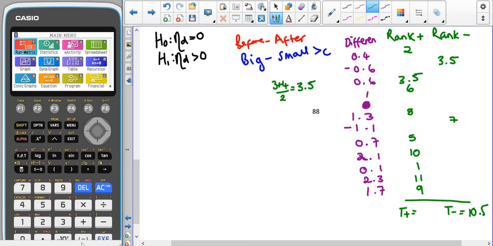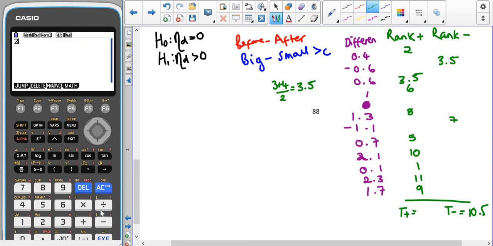For the plus ranks, if I go into my normal calculator bit, so I've got 2 plus 3.5 plus 6 plus 8 plus 5 plus 10 plus 1 plus 11 plus 9, and that gives me 55.5. And remember, at the top of the page that has the critical values, there is also that formula that these two numbers should add up together to give, which is the half of n plus 1 formula.